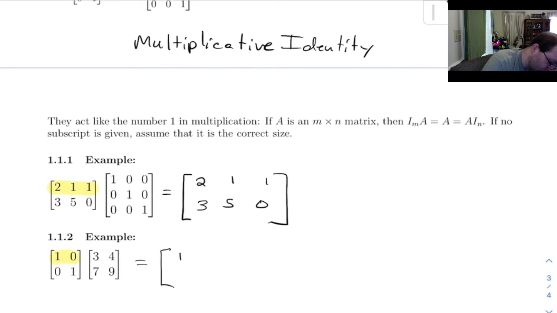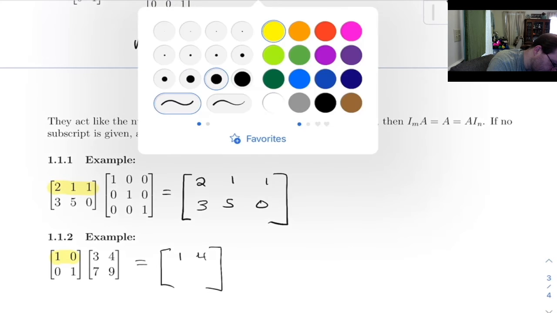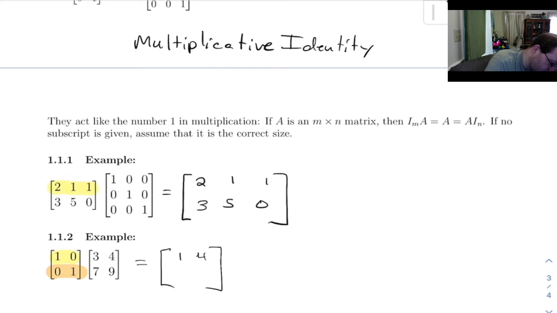Then we do 1 times 4 plus 0 times 9. Then for the bottom row, we get 0 times 3 plus 1 times 7, and 0 times 4 plus 1 times 9. So it just gives us back the original matrix.